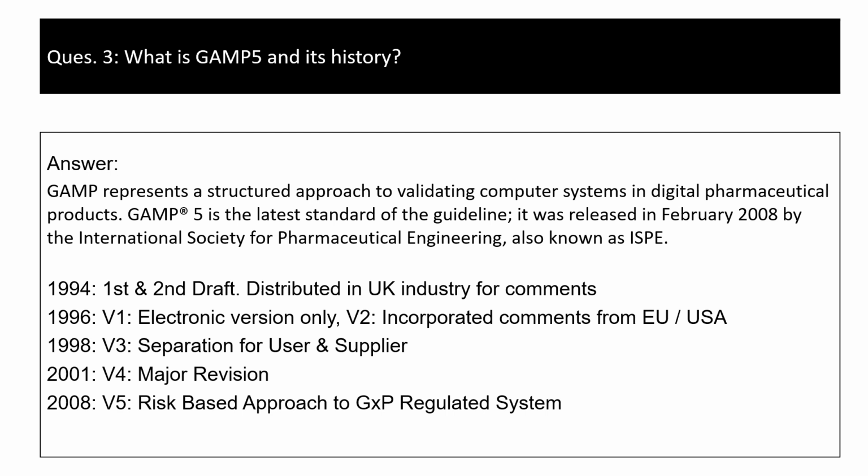In 1998, version 3 was published, mainly for the separation of user and supplier responsibilities. In 2001, version 4 was published, a major revision in which various good practices were published. In 2008, version 5, a risk-based approach to GXP regulated systems, was incorporated.